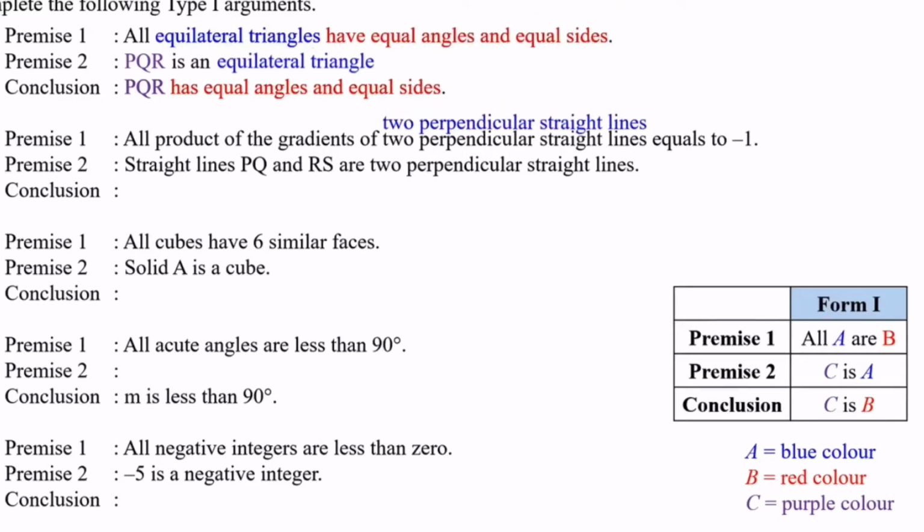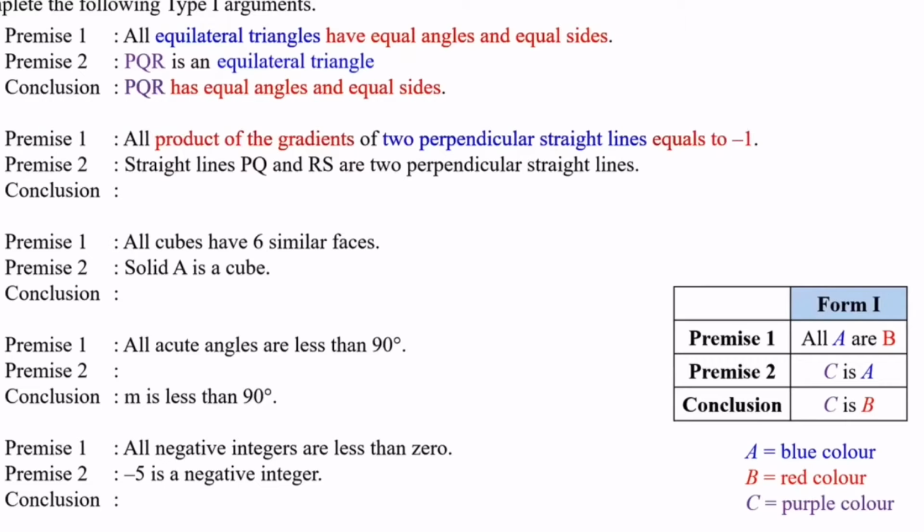Let's look at number B. The product of the gradients of two perpendicular straight lines equals -1. So the red color one is the product of the gradient equal to -1.